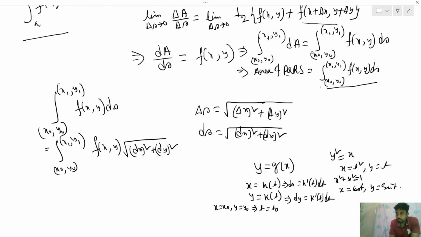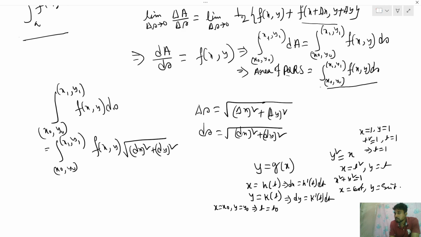Why? Because for this problem, if I consider x equal to 1 and y equal to 1, so we get t squared equal to 1 and t equal to 1, and combining this we'll get t equal to 1, because from the first it gives t equal to plus minus 1, from the second it gives t equal to plus 1, and both equations are satisfied by the value of t equal to 1.